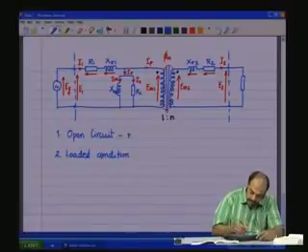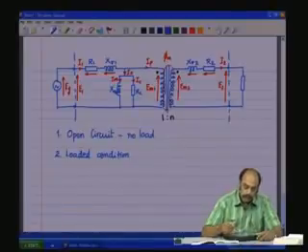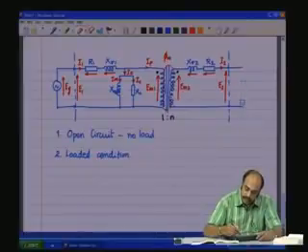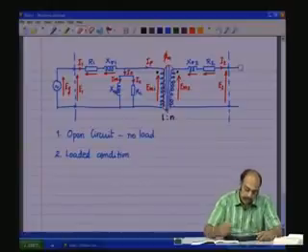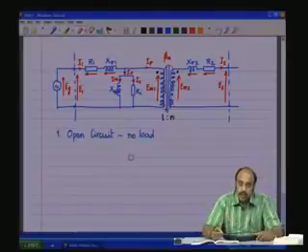The open circuit condition is considered as no load operation. So, under no load, the secondary load is removed. The secondary is open circuited. Under loaded condition, the load is connected across the secondary terminals. Now, let us take the case of open circuit condition, which is the no load.